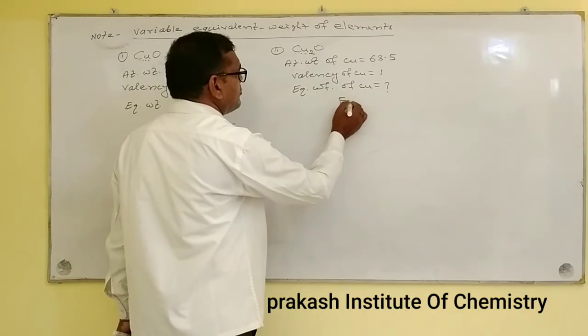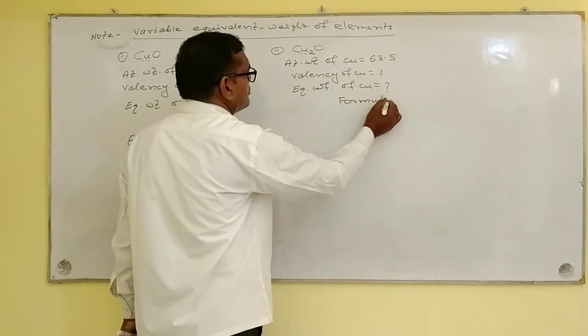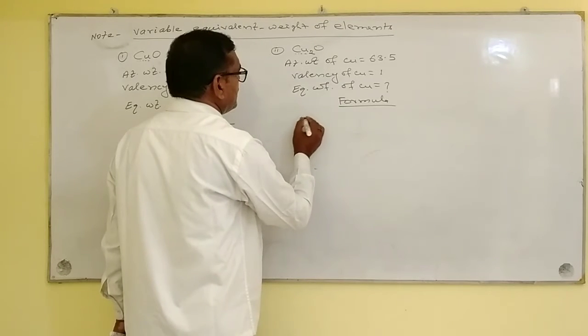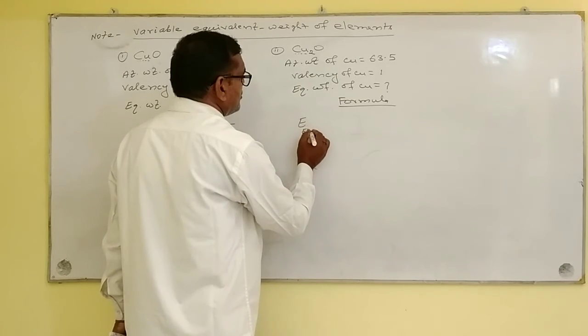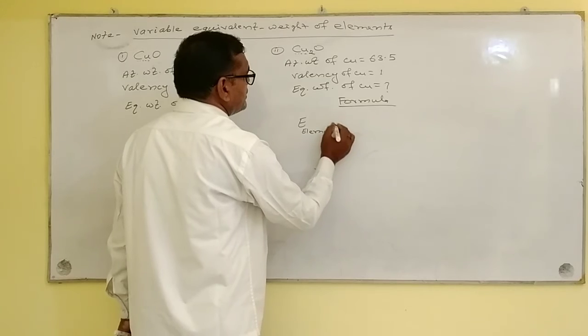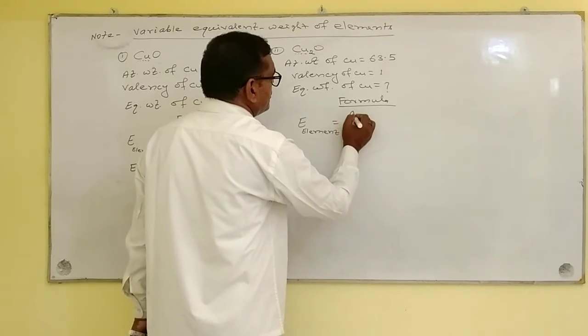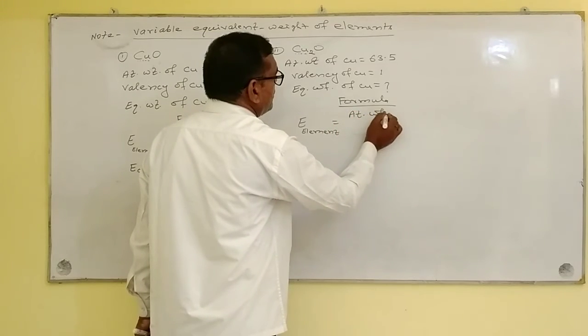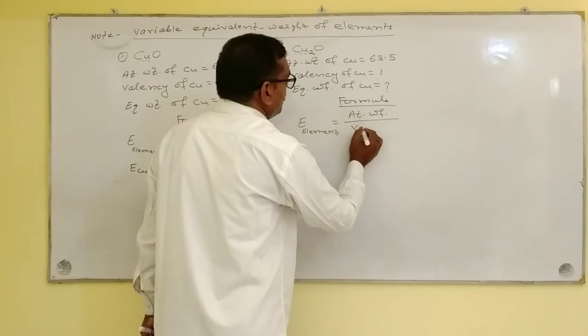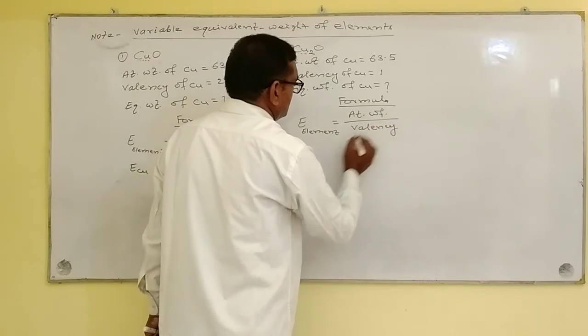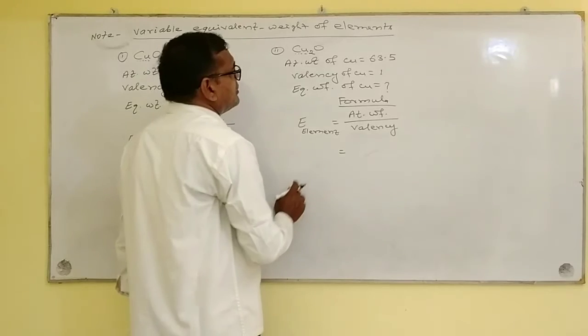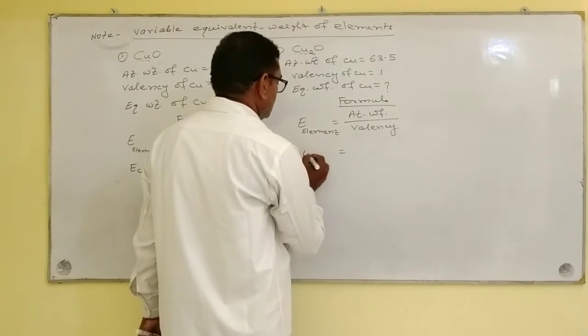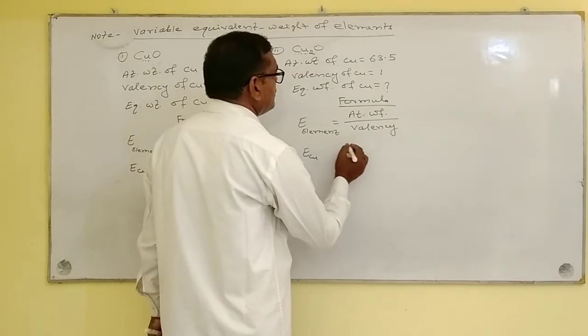We write the formula: equivalent weight of element is equal to atomic weight upon valency. Here we write E of Cu.